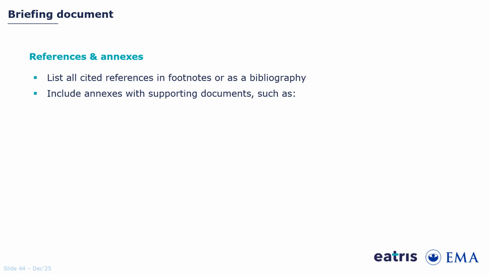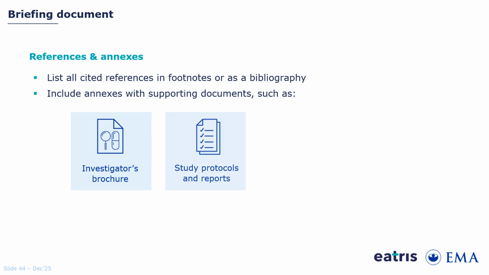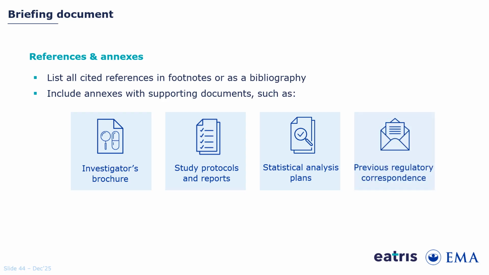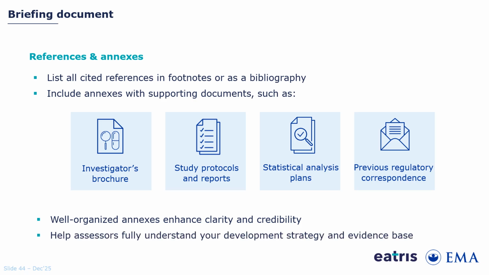These may include the investigator's brochure, relevant study protocols and reports, statistical analysis plans, and any previous regulatory correspondence that provides important context. Providing complete, well-organized annexes enhances the clarity and credibility of your submission and allows assessors to fully understand your development strategy and supporting evidence.